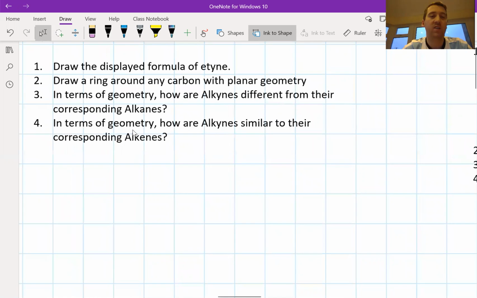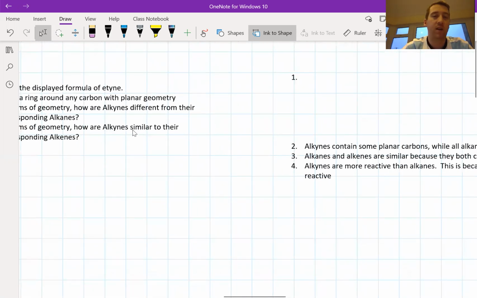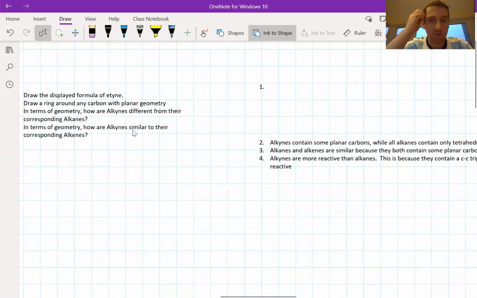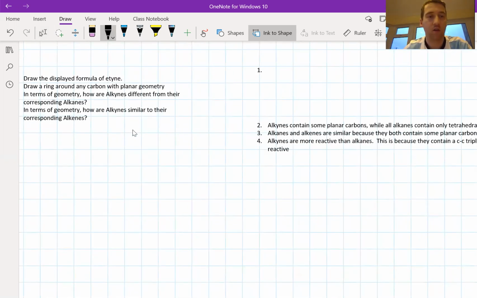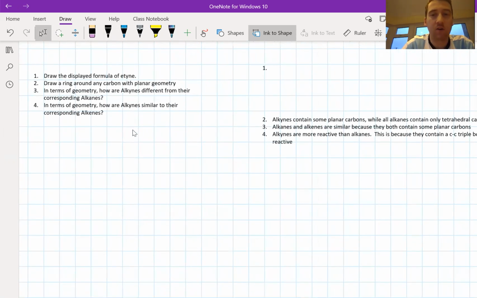Okay, so draw the displayed formula for ethyne. So the displayed formula shows you the atoms, position of the atoms and the bonds. So the displayed formula of ethyne, we've got 2 carbons because it's eth. So I'm going to draw 2 carbons here. Here's carbon number 1 and carbon number 2. It's an alkyne, ethyne. That means it's got a triple bond.